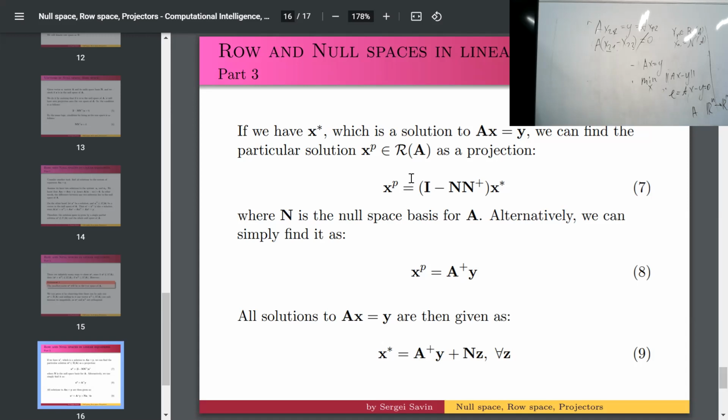Please notice that I put the particular solution in the row space. x star is also a particular solution by definition, but we can find the smallest norm particular solution by projecting it like this. Also, we can find this same particular solution simply by solving this equation number 8, where A plus means a pseudo-inverse. And this pseudo-inverse means the solution to this problem. The shorthand notation for the solution to this problem is the pseudo-inverse.